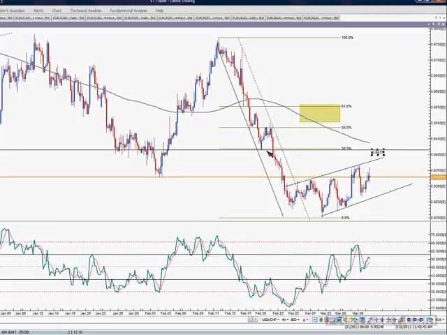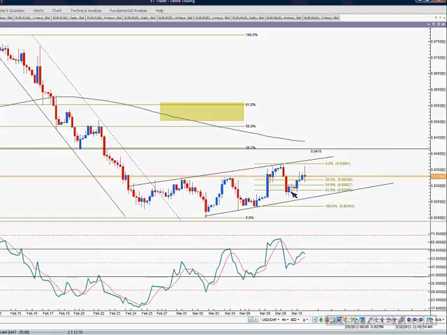So let's see if this could come up and test the 0.9415 area. This is sort of the projection when the market broke above. You see this high here, but then you see very choppy action. Okay, tested the 61, cracked the 61.8 and rallied.